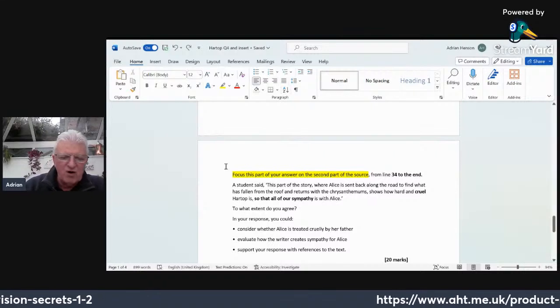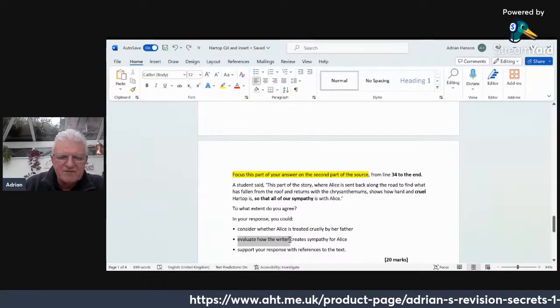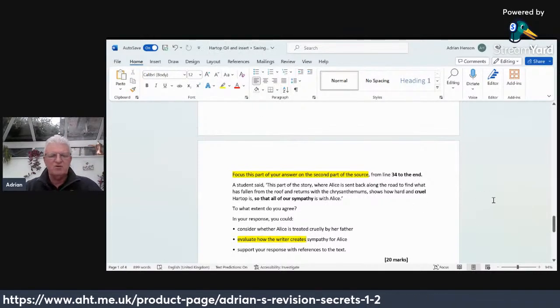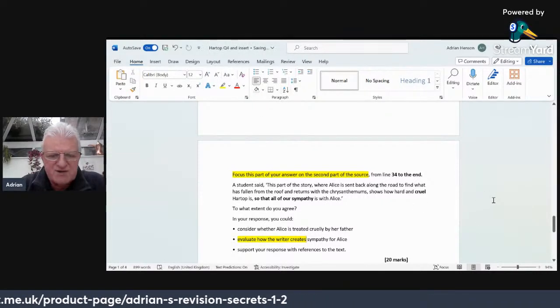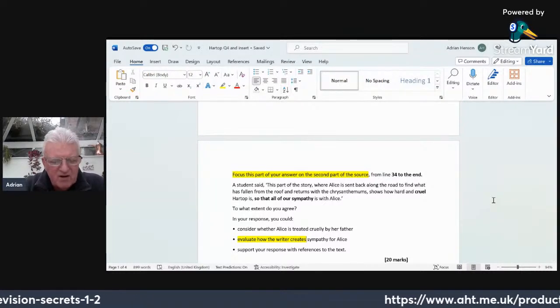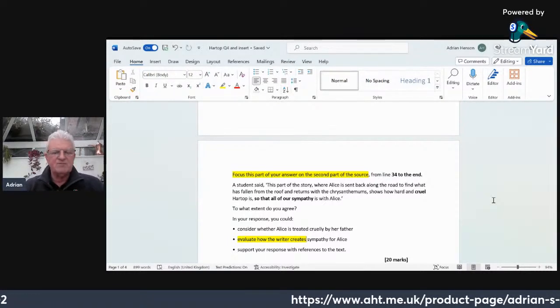But here's the one. This is the bit where we have to really make sure that we include the way we write our answers. It says evaluate how the writer creates sympathy for Alice.